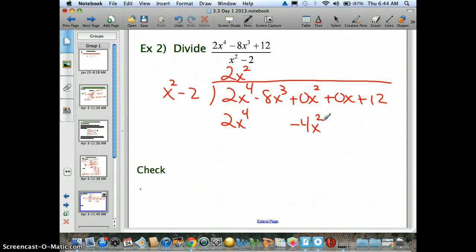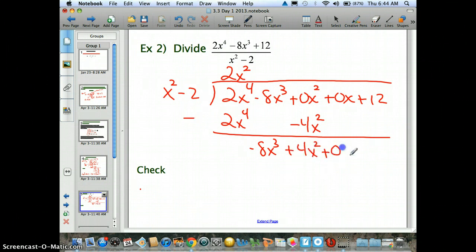That's why we zero filled here. Then we subtract. These always cancel. We just bring the negative 8x cubed down. But remember, this is a subtraction of this row. So when you subtract negative 4 from 0, you get a positive 4x squared. Then bring the other terms down that are left over on the right-hand side here.